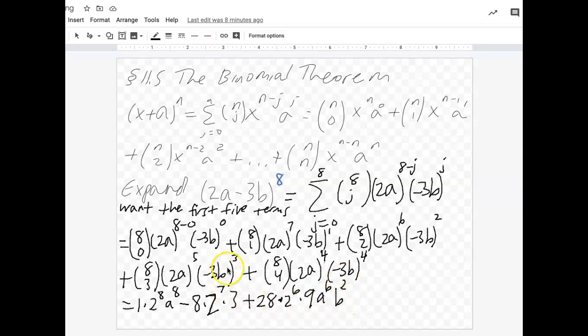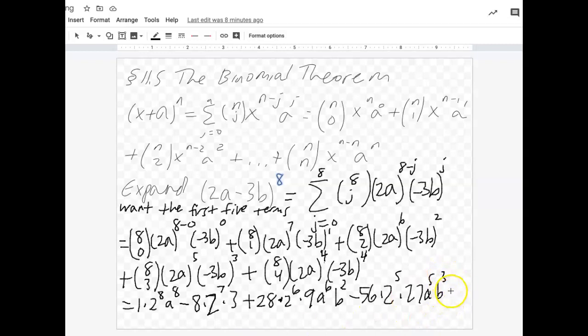The next term is going to be a minus because of the negative 3 cubed. 8 choose 3 is 56 times 2 to the 5th times 27, and then it's a to the 5th b cubed.